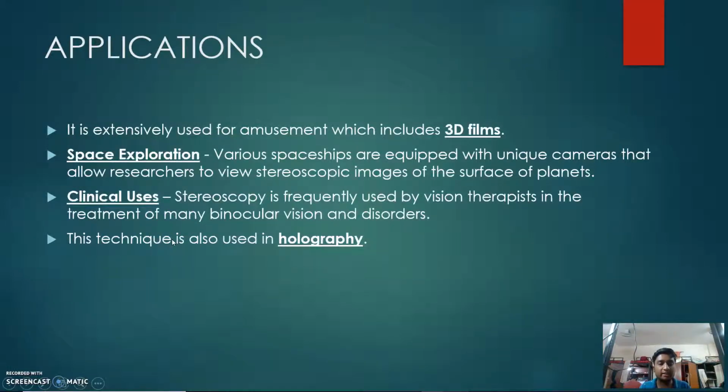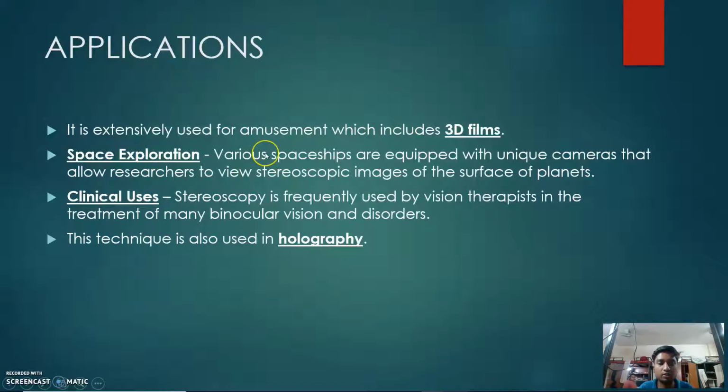Here are some applications of stereoscopic imaging. It is extensively used in 3D filming. As we know, there is now a trend of 3D movies where the screen projects two images of the same image, left and right, and the viewer watching the movie with 3D glasses sees the two images combine, and the brain creates the illusion of a 3D image because of the depth between the left and right images.